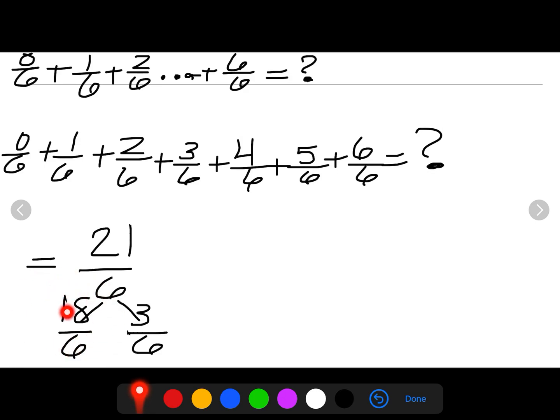And I'm sure you already beat me to the punch. 18/6 is the same thing as what? It's equivalent to what? Good job. 3 wholes. So this entire equation of fractional units equals 21/6, or 3 3/6, or 3 1/2, because 3/6 is equivalent to 1/2.